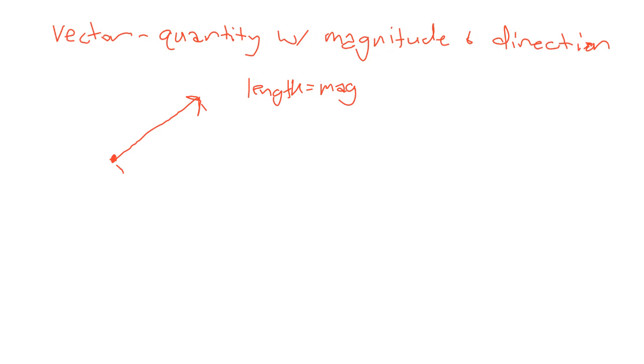And the direction the arrow points, that's our direction. The arrow shows it. And if we're talking about vectors, we write them either bolded, where our letter that defines them is bold, or we just draw an arrow on top of it.